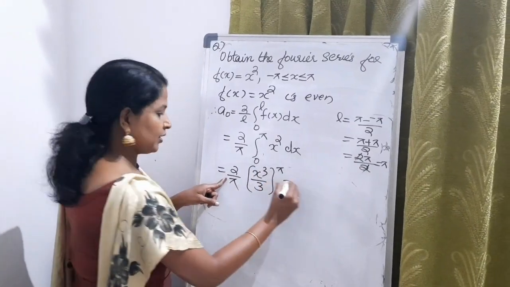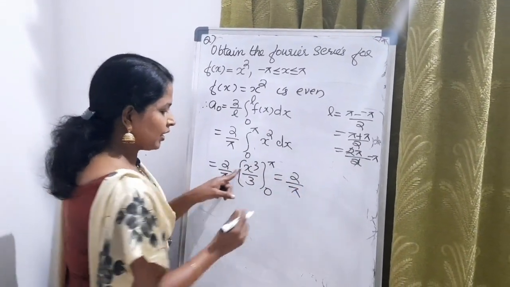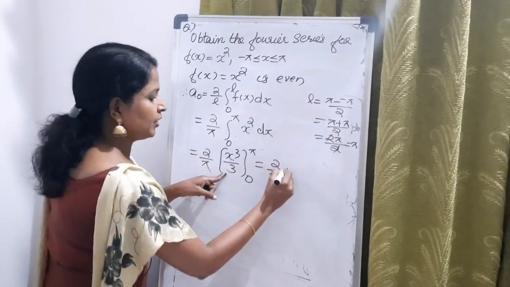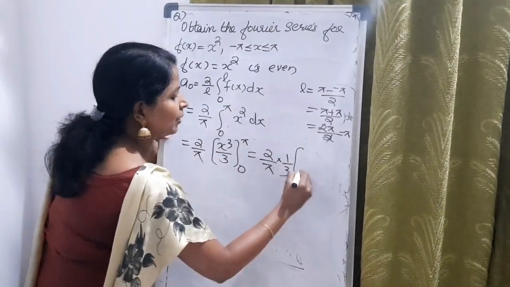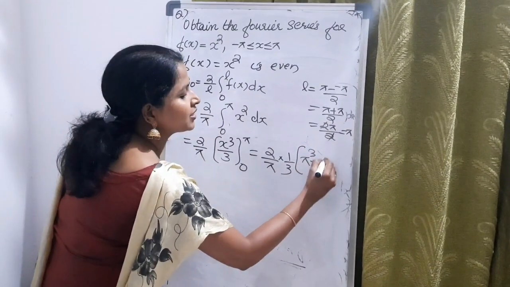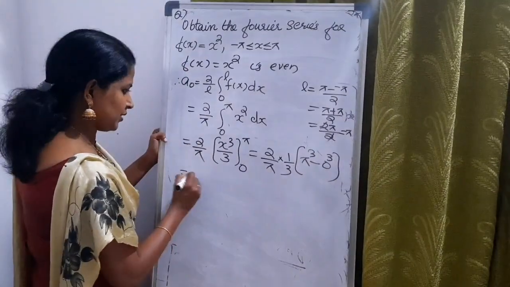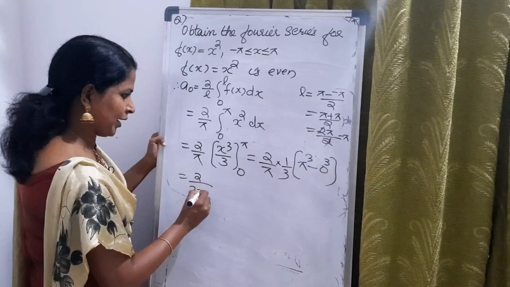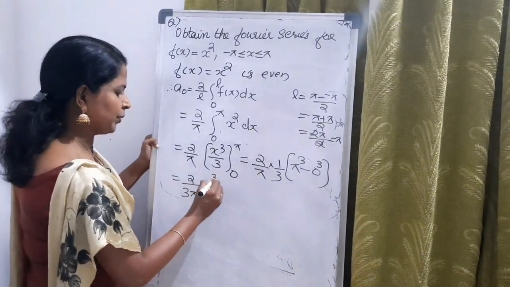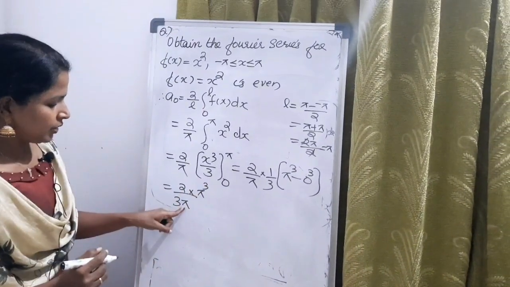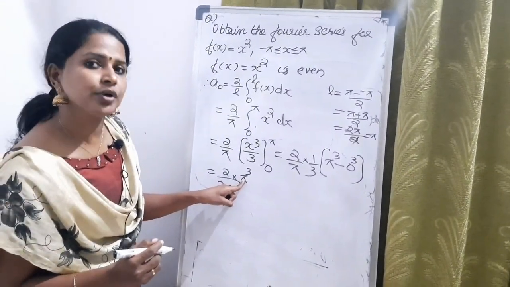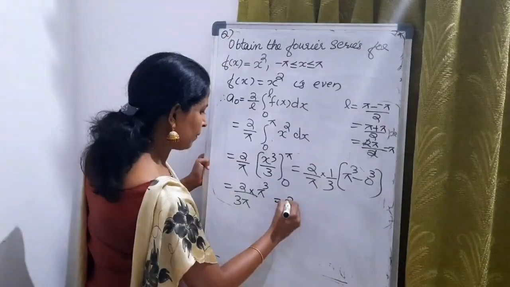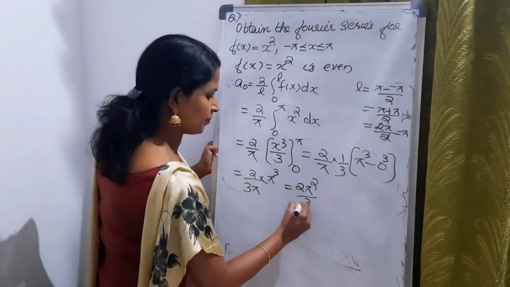That is 2 by pi, here 1 by 3 is constant, into 1 by 3 x cube. Upper limit is pi cube minus 0 cube. That is 2 by 3 pi into pi cube. So here pi cube, so pi square in the numerator. That is 2 pi square by 3.